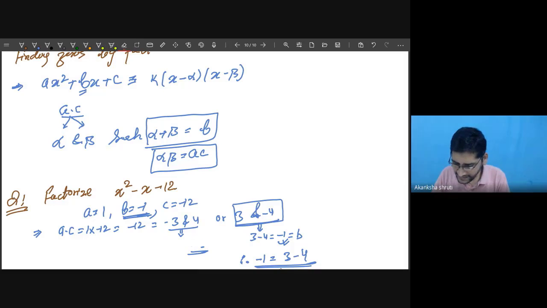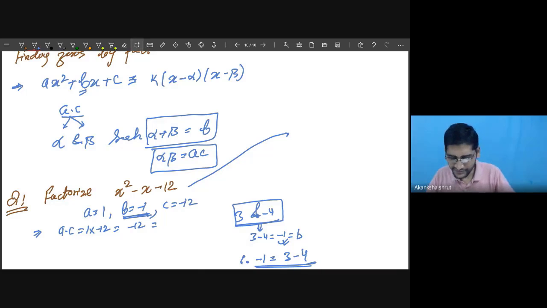This is the method I had already explained, but today I have also revised it. So what is the suitable one? You just keep that one and leave the other. So how to factorize? Let me do this factorization here.